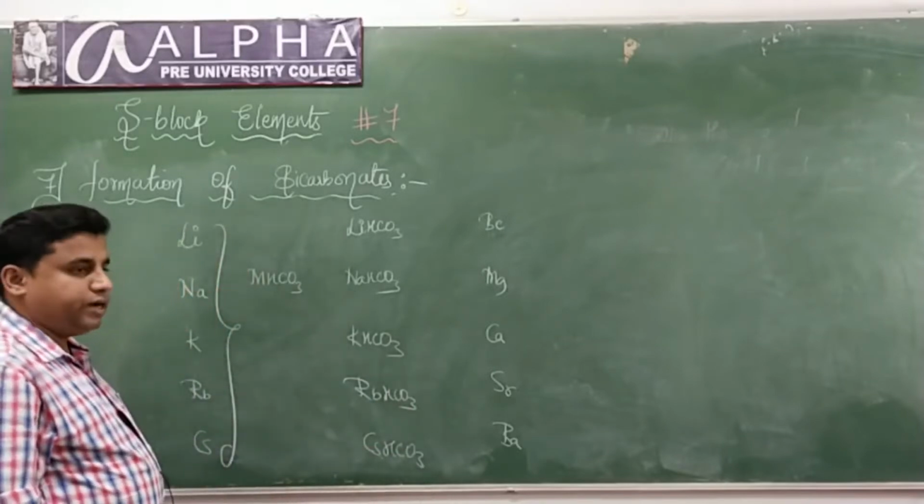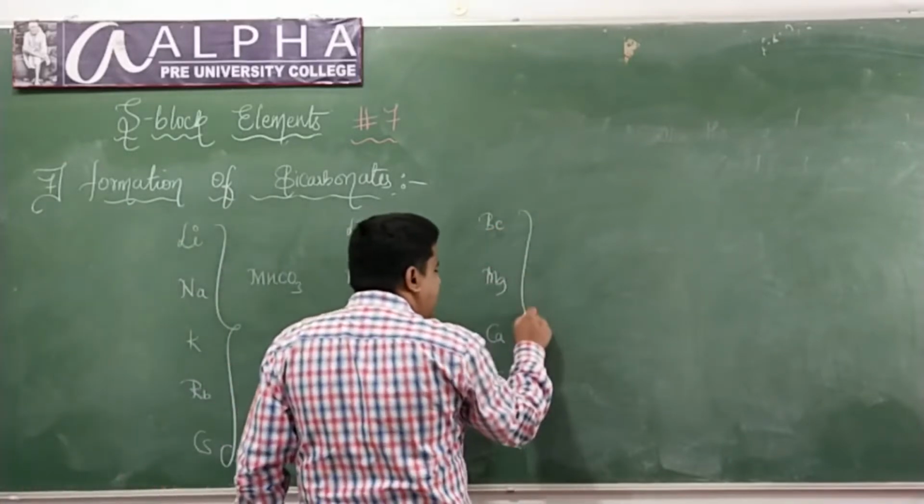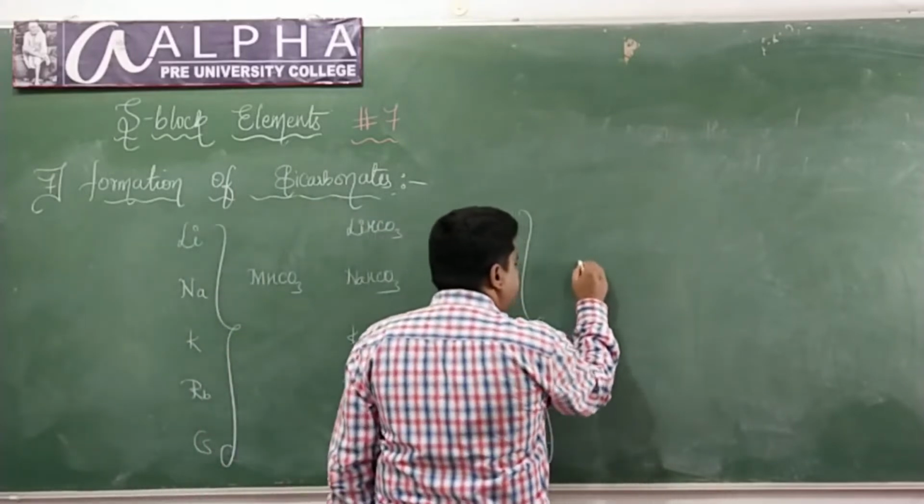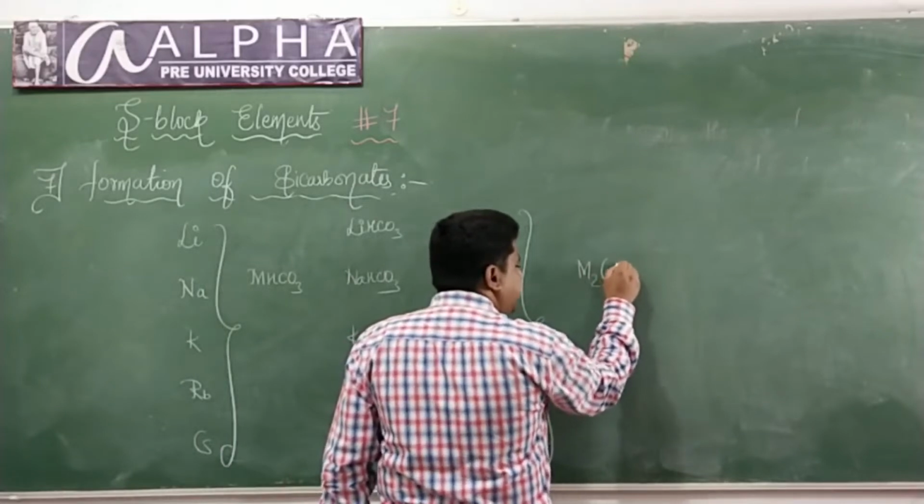Whereas all alkaline earth metals will form bicarbonates of the type M(HCO3)2.